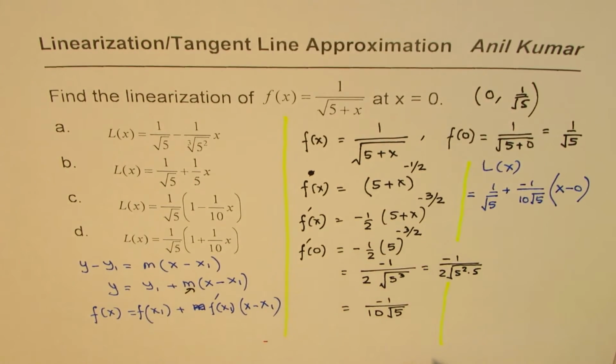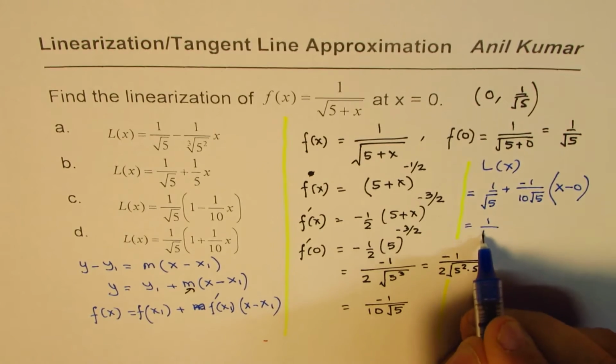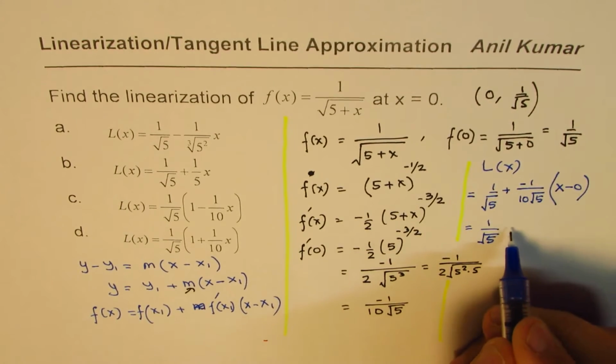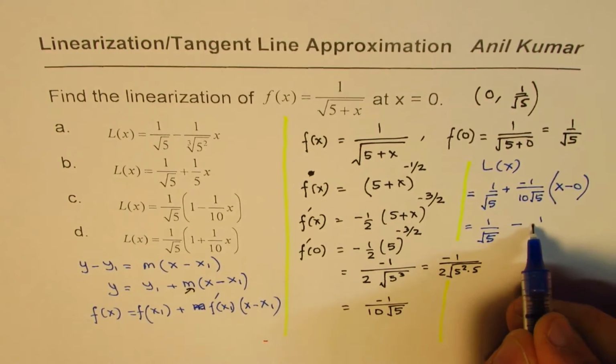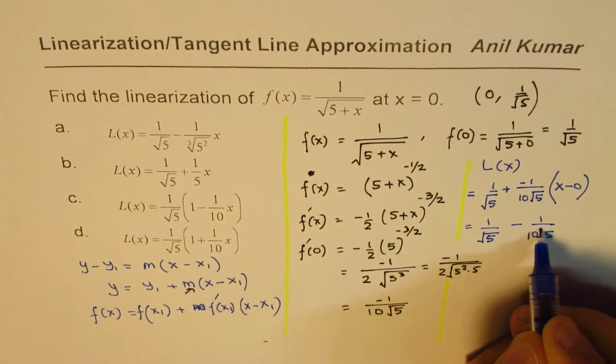So this could be written as 1 over square root 5 minus x over 10 square root 5.